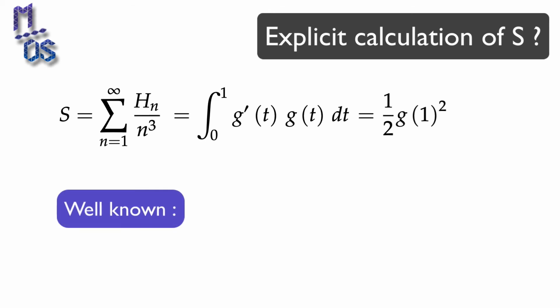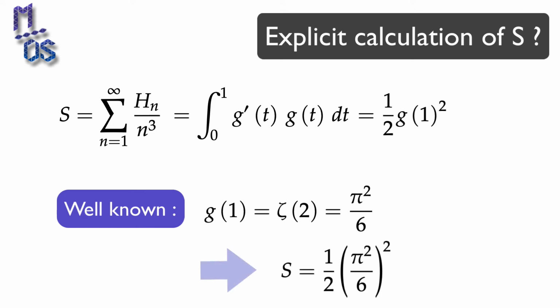Now it's well known that g of 1 equals zeta of 2, and this is pi squared over 6. Hence, S equals 1/2 times (pi squared over 6) squared, and this is equal to pi to the 4th power divided by 72. And the proof is now complete.